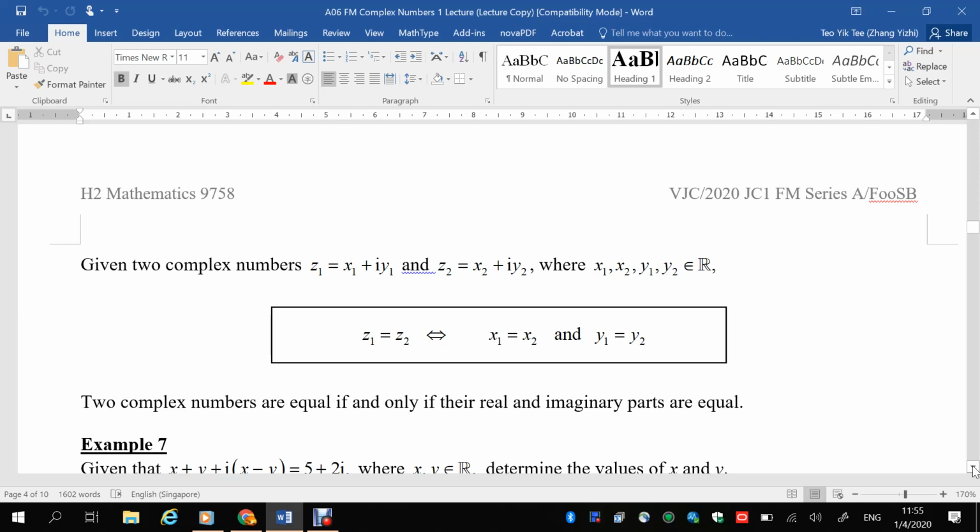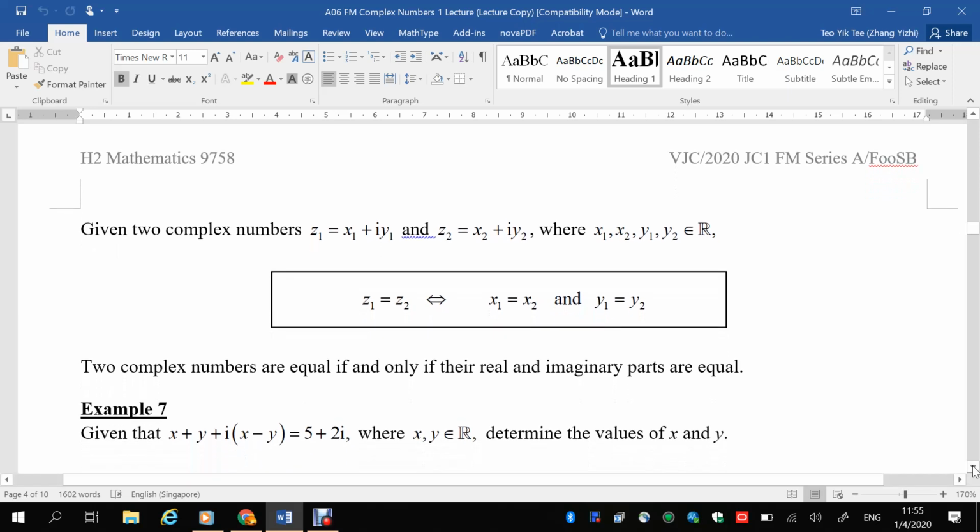Next one, when it comes to equation solving, your equation rules stay as it is, even under complex number mode. Okay? So let's move on to the next example. If you can understand this, what does example 7 say? If x plus y plus i of x minus y is equal to 5 plus 2i, can you possibly give me what is x and y? Okay? So you activate the same basis of comparison, right?